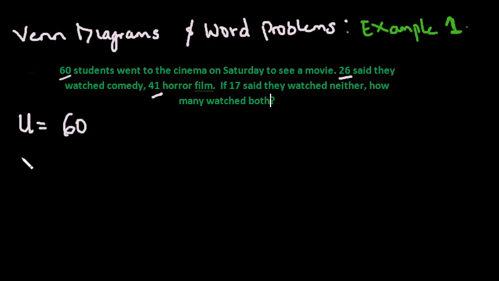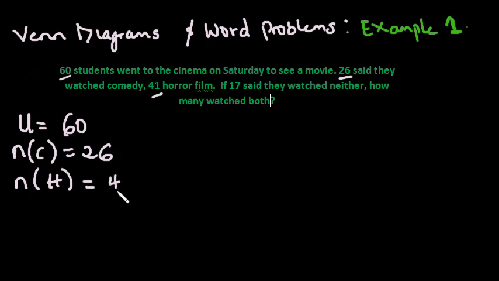Then for people who watch, let's represent comedy with C. Number of people who watch comedy is 26. And let's represent horror film with H. Number of people who watch horror film is 41. So 17 said they watched neither, which means they didn't watch comedy, neither did they watch a horror film.